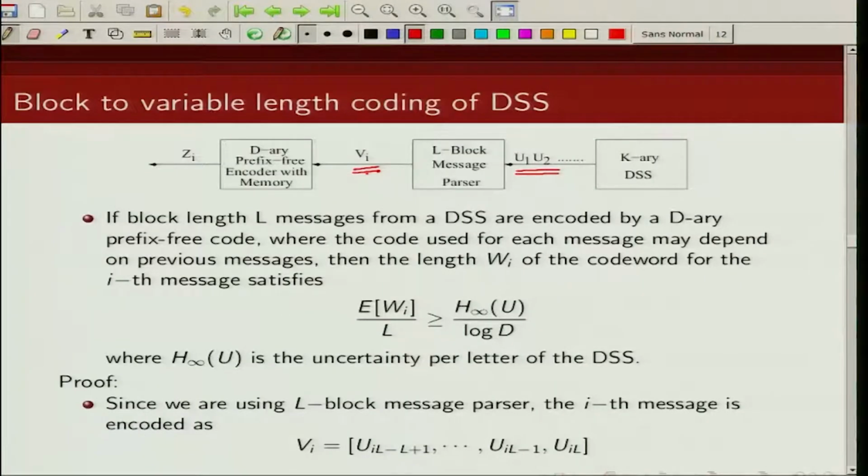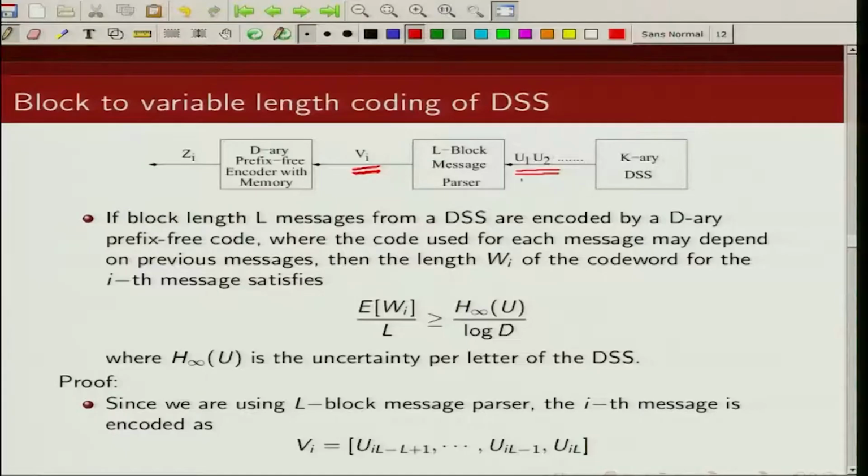So V1 is U1, U2, U3 up to UL. V2 is U(L+1), U(L+2) up to U2L, and so on. So Vi is the output of the source parser, Ui's are the output of the discrete stationary source, and Zi's are the output of your block to variable length coder, which exploits the memory of the source.